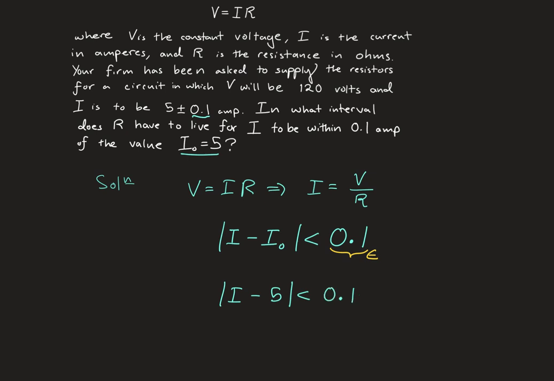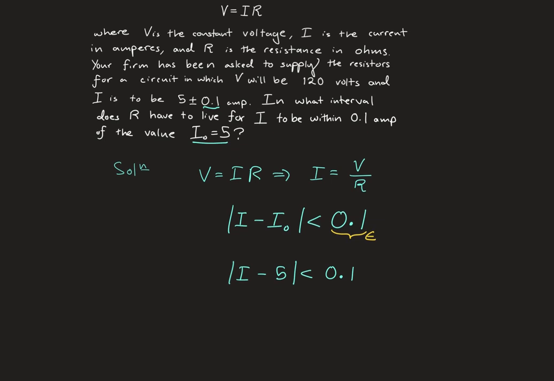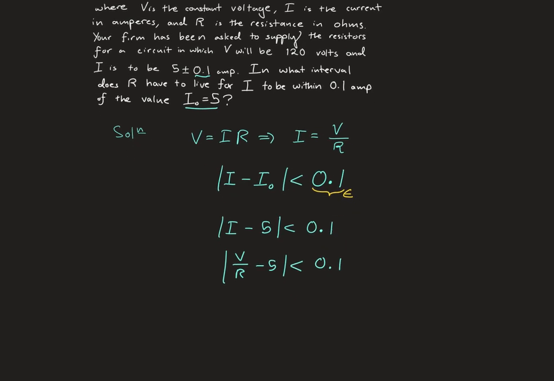Oh, but that means that the absolute value of V over R minus 5 is less than 0.1. But that tells me that negative 0.1 is less than V over R minus 5, which is then less than 0.1.